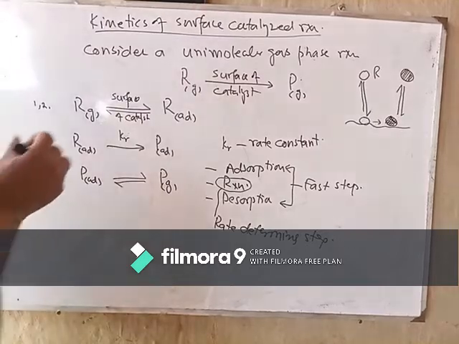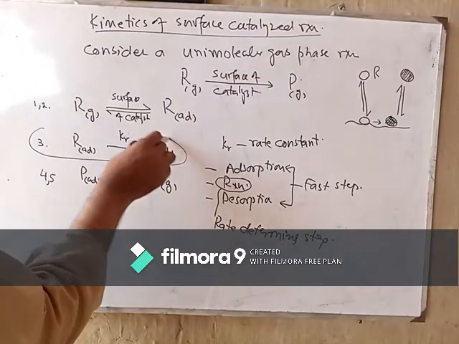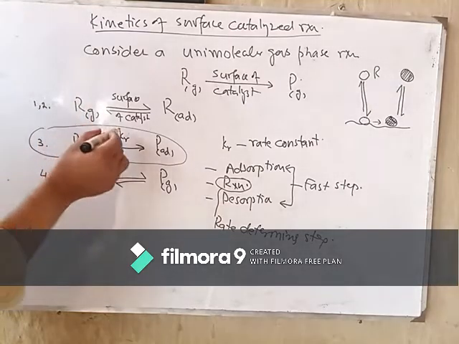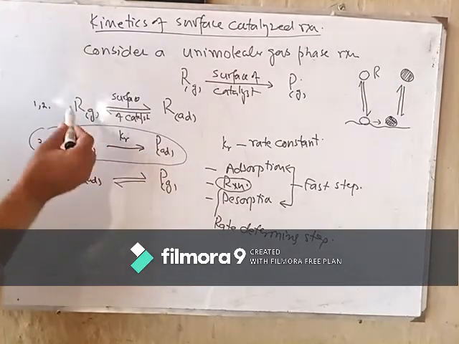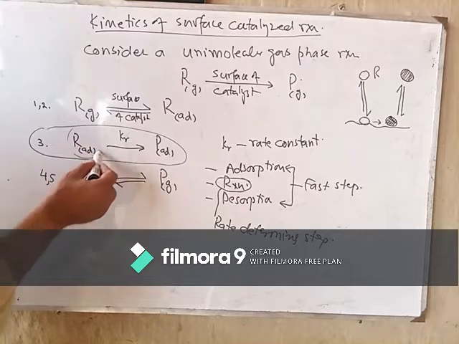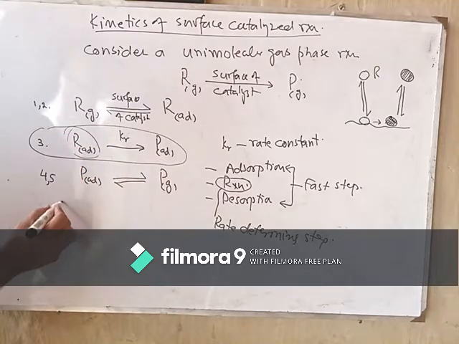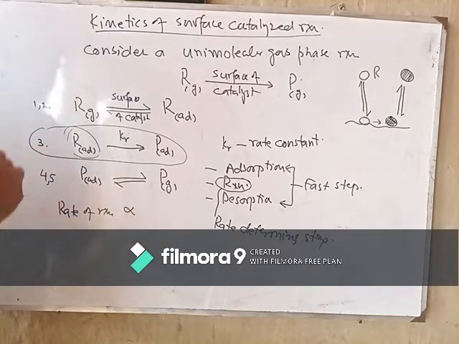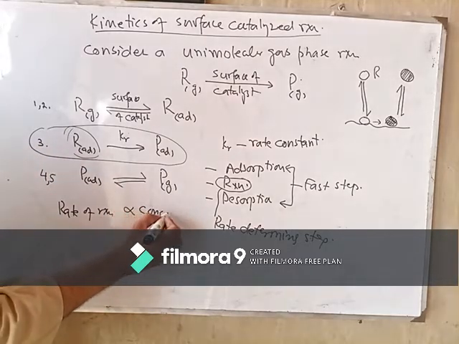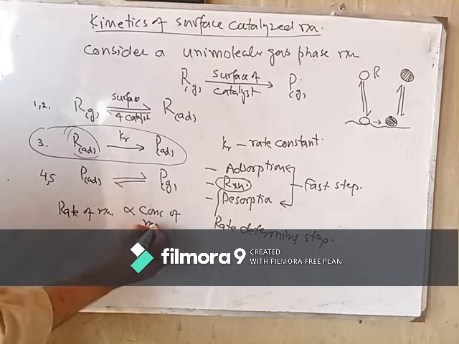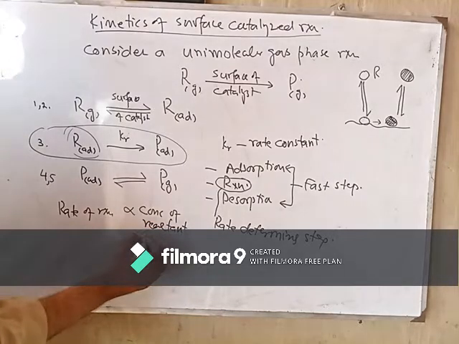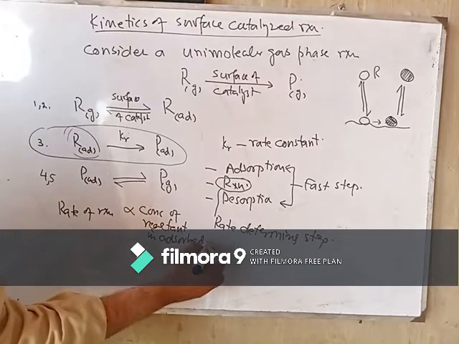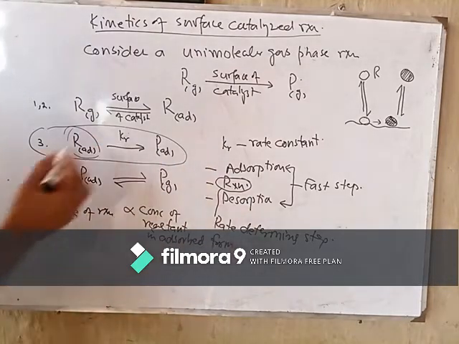So if this is the rate determining step, then the rate of reaction is proportional to the concentration of the reactant in adsorbed form. Rate of reaction is proportional to the concentration or pressure of the reactant in adsorbed form. Now how will we find out the concentration in adsorbed form?